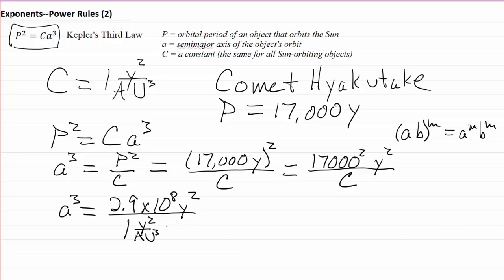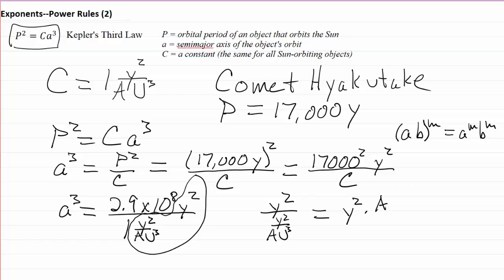And I'm doing something here with the units. If I just look at the units, I've got years squared on top and years squared over astronomical units cubed on the bottom. When you divide by a fraction, you flip the fraction and multiply by it. So I'll have on top years squared, I multiply by AU cubed over years squared, and you can see the years squared divide out, and I just get AU cubed.